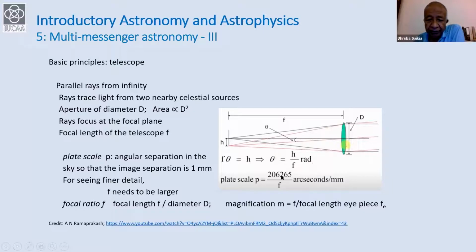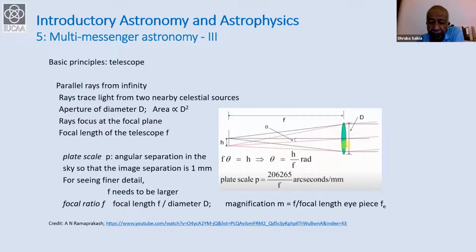This will be in radians, so I can translate that into arc seconds and express this as 206,265 upon f. And if I were to put h in millimeters, the plate scale is in arc seconds per millimeter.